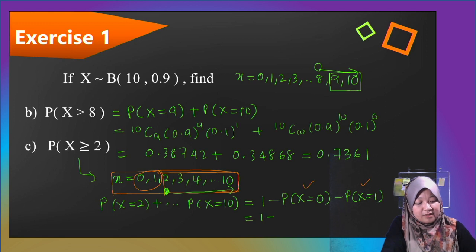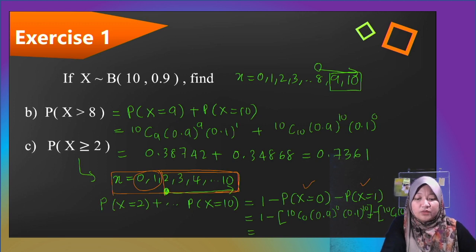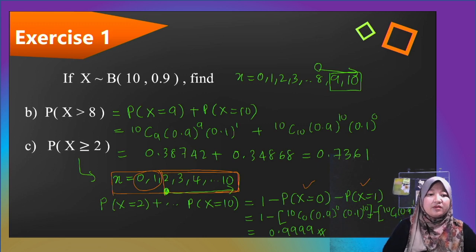So, 1 minus 10C0, 0.9 power of 0, 0.1 power of 10 minus 10C1 times 0.9 power of 1 times 0.1 power of 9. So, we have 0.9999. Okay.